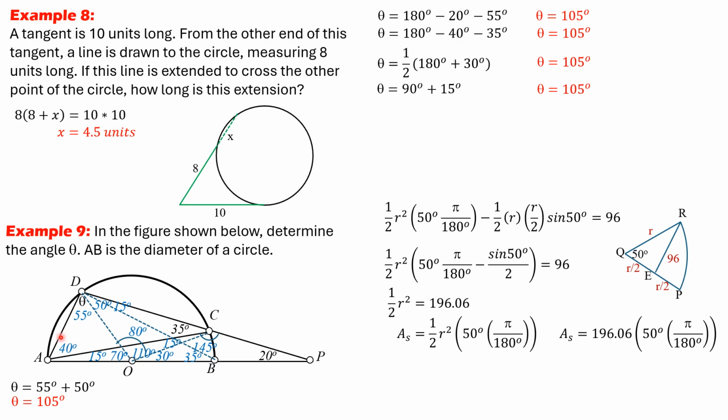So since we consider this to be equal to 55, that's why that angle there is 55 degrees minus 15, so 40 degrees.